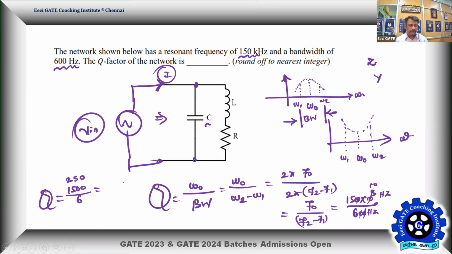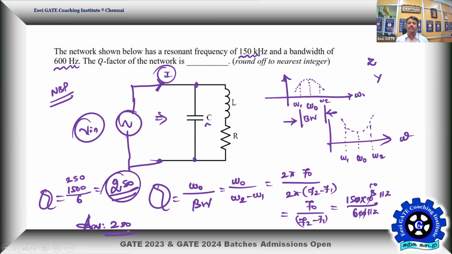Let me have a small confirmation. Yes, that's the number. So the quality factor of the given network is 250. It's a high Q, highly frequency selective, a very narrow band pass kind of system. So the best answer for this problem is 250.